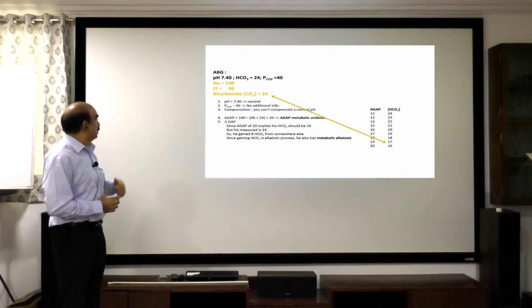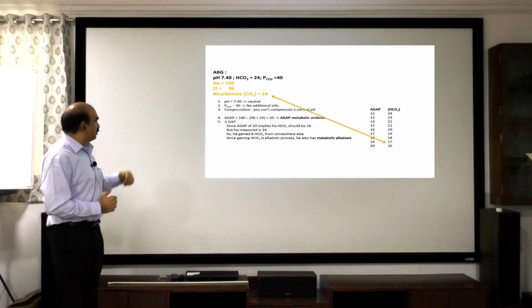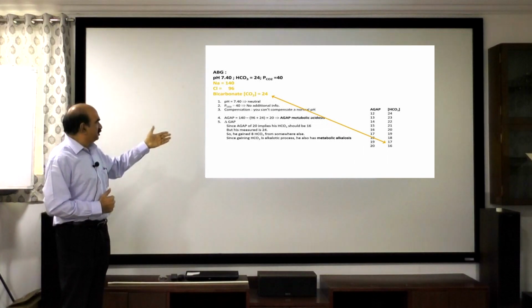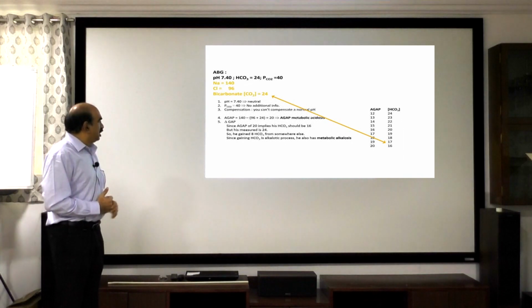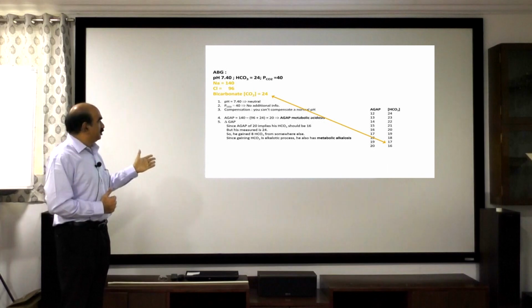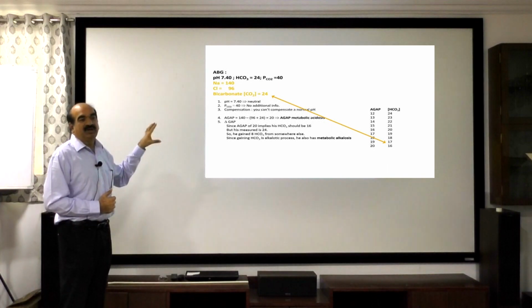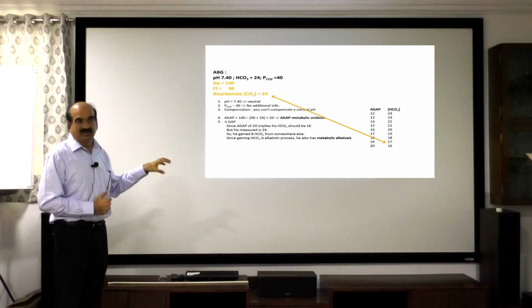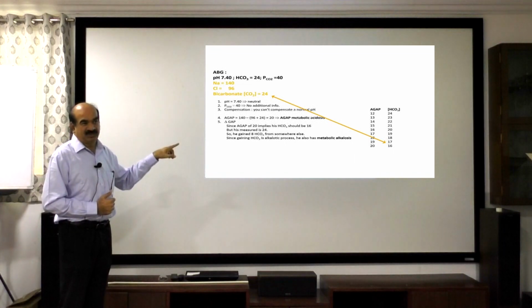What is the anion gap? 140 minus 96 plus 24, that is 20. Normal anion gap is up to 12. If there is an increase in anion gap, there must be an underlying metabolic acidosis process. Again, this is a case of high anion gap metabolic acidosis.